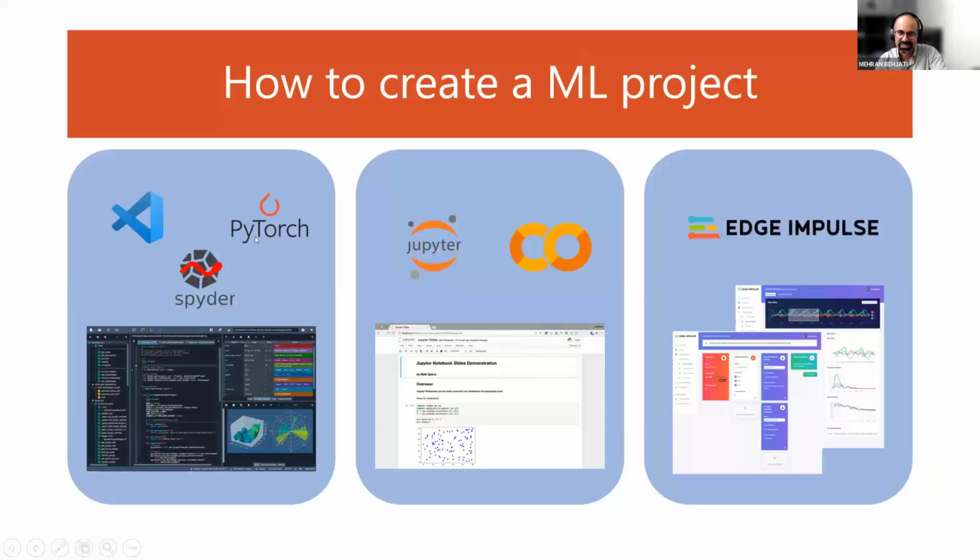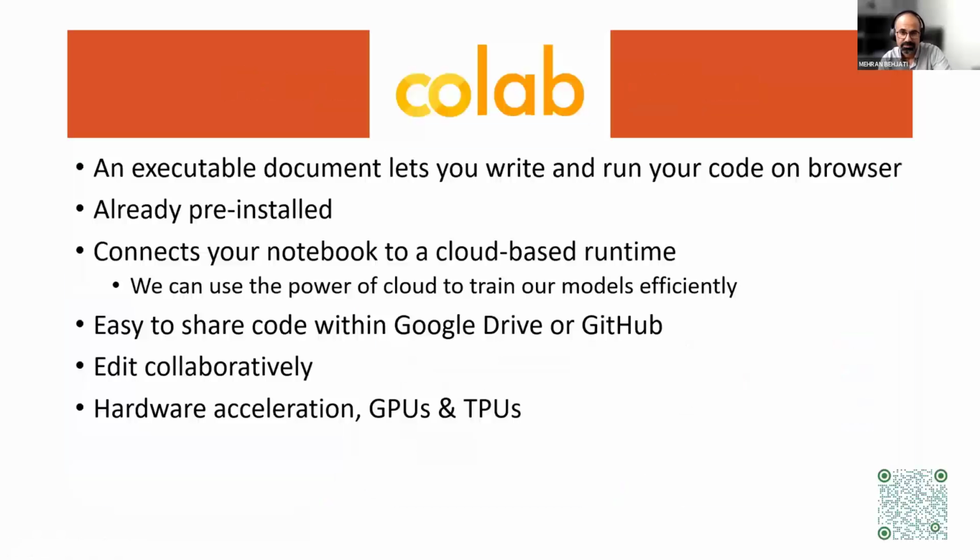You may want to use an IDE or editors like VS Code, Spyder, or PyTorch, where you do your coding in these editors, or you can use some web-based or cloud-based platforms or notebooks for coding, or you can use Edge Impulse, which is a great tool that helps you do your TinyML project.